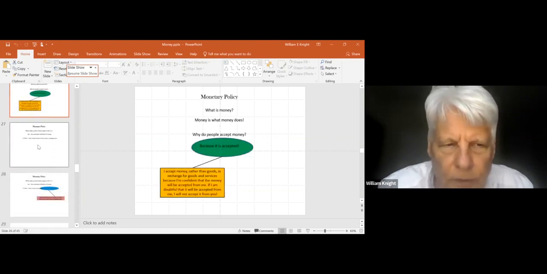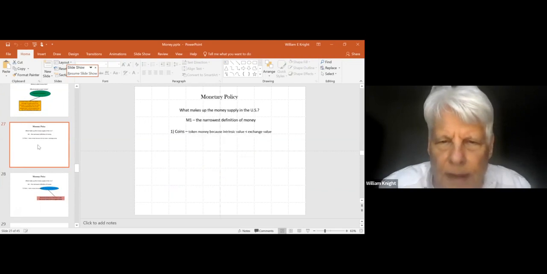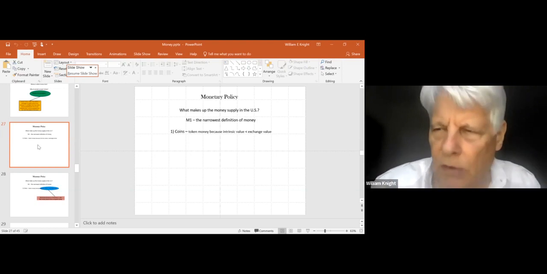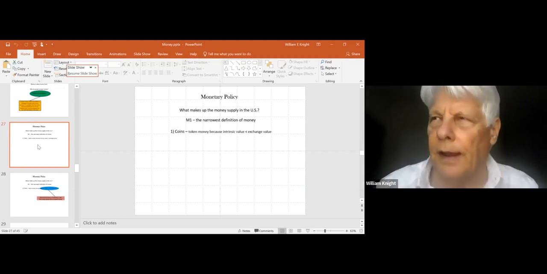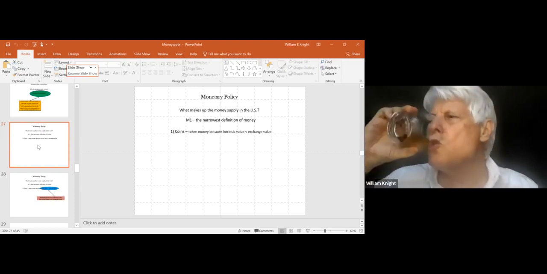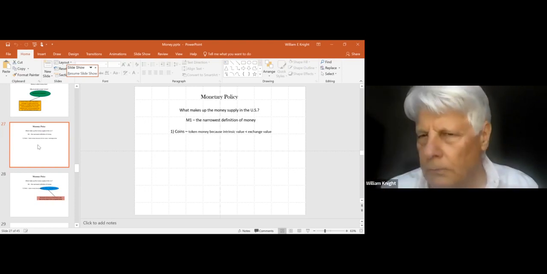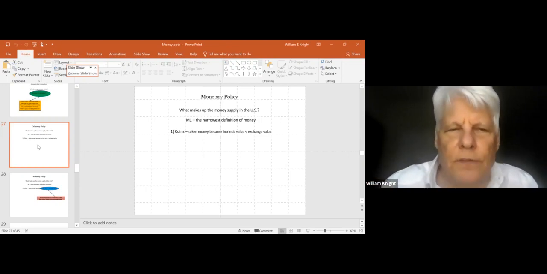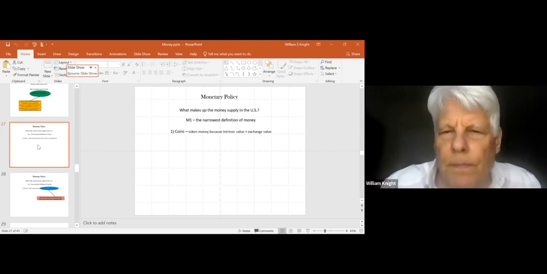Now, what is it that makes up the money supply in the U.S.? We don't use beaver pelts and leaves of tobacco anymore. So what are the assets that we use as money in the United States?